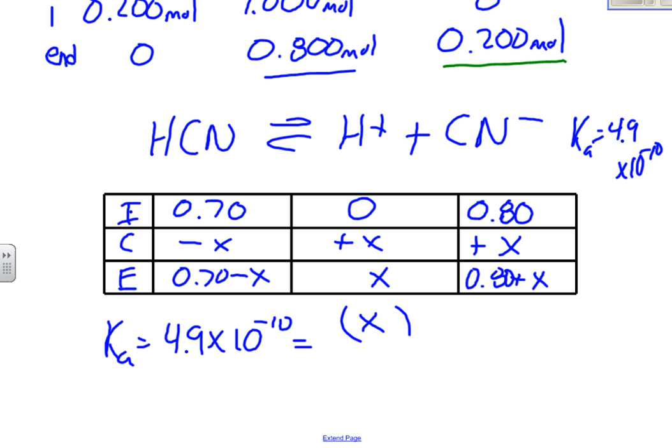We'll assume that the plus x is going to be negligible, so I have just 0.80. And on the bottom, 0.70, again, drop the minus x part from that. And then we go through our steps, and x would be our H+ concentration, and then we could just figure out the negative log of that to get the pH.